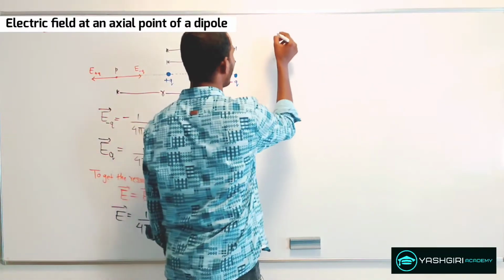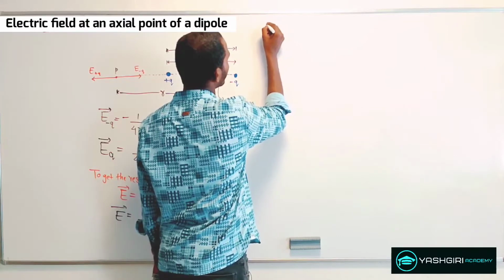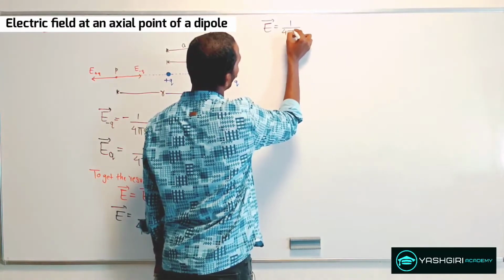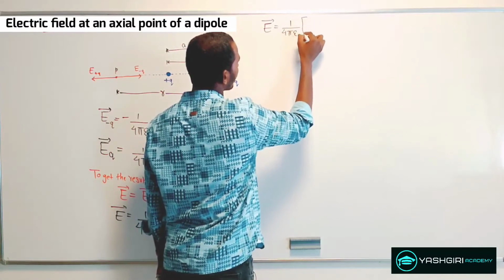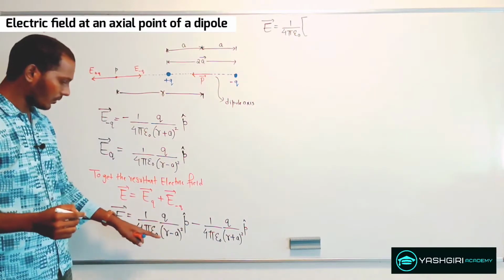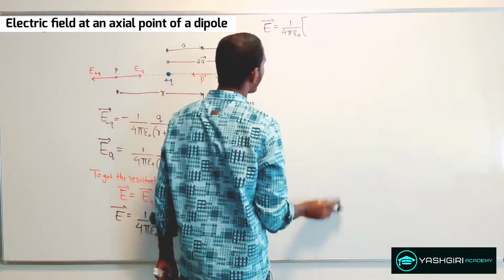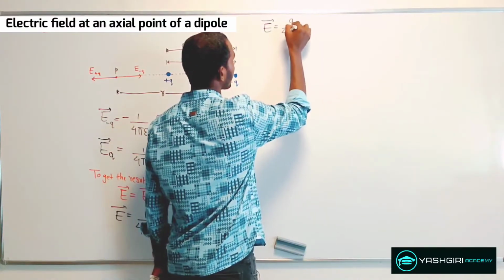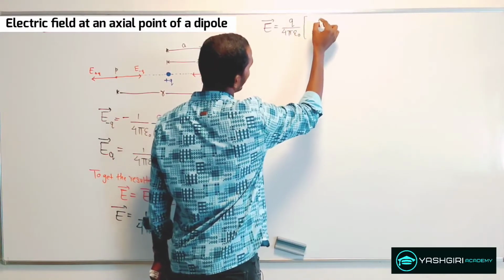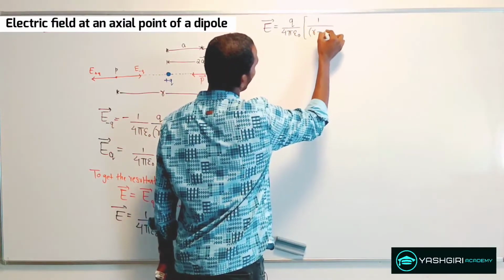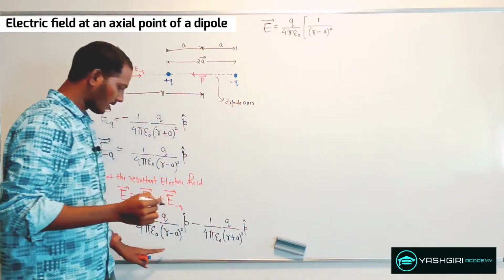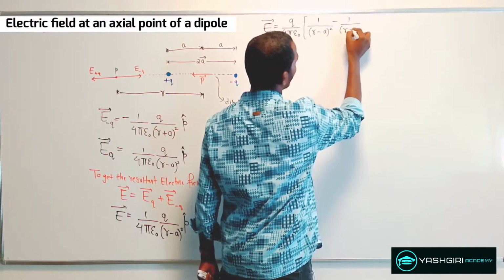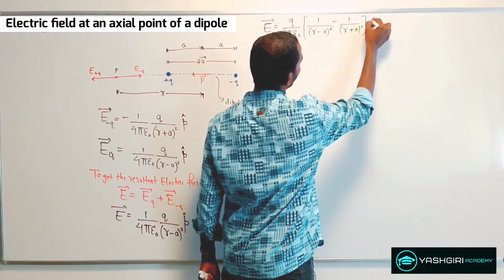So what I'll get is the electric field, vector E, equal to 1 upon 4 pi epsilon naught into q, which is common, and here it will be 1 upon (r minus a) square minus 1 upon (r plus a) square, into the p cap.